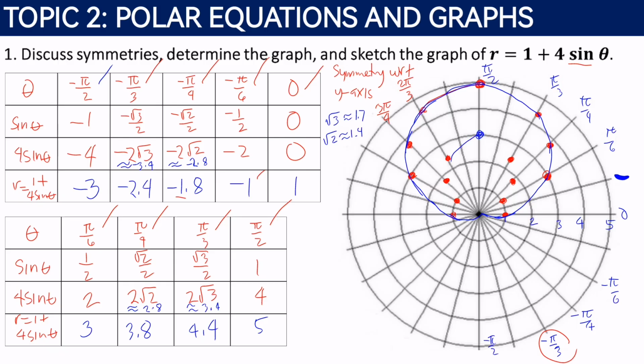And our inner loop is this one here. It's this part here. Sorry about that. There you go. Okay, so this is a Limacon with an inner loop. Okay, that's it. Good night.